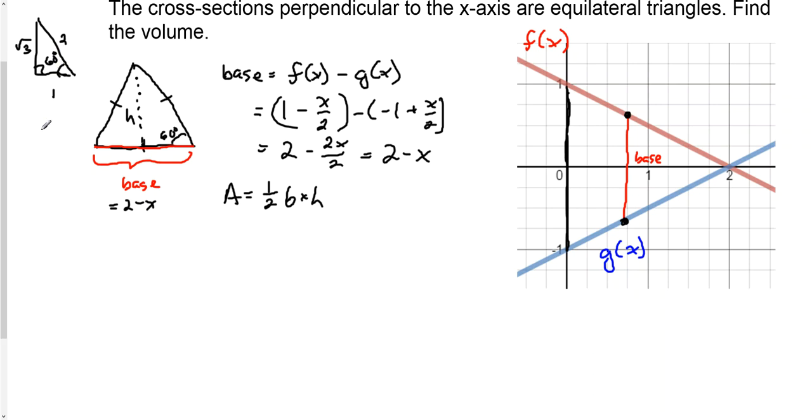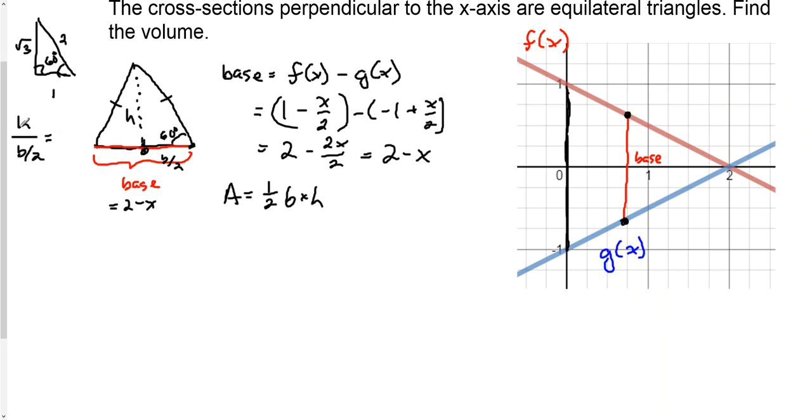If we're looking for a relationship between the base and the height, these are going to be similar triangles in here. So in our small triangle over here and our big triangle here, we want our height and we want b divided by 2, because that's this little bit right down in here. That is going to be proportional.